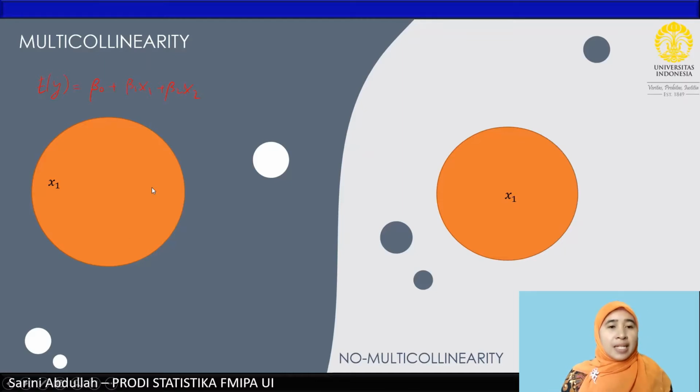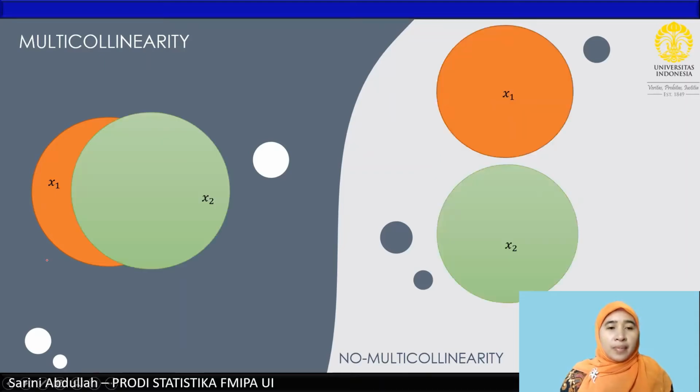And then let's say this circle represents the contribution of x1, the first predictor, in explaining y, or in the form of this equation, the magnitude or the value of beta 1. Okay, now let's add the second predictor, that is x2. The green circle represents the contribution of the second predictor in explaining y.